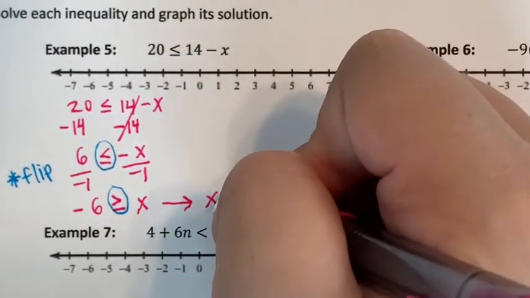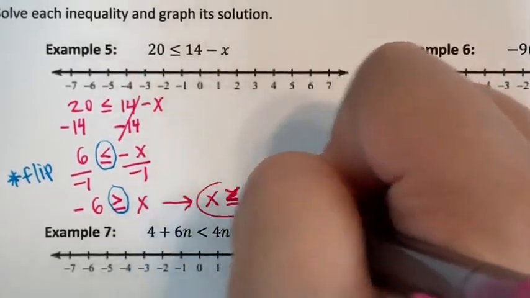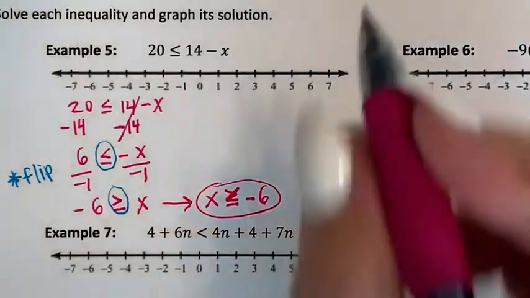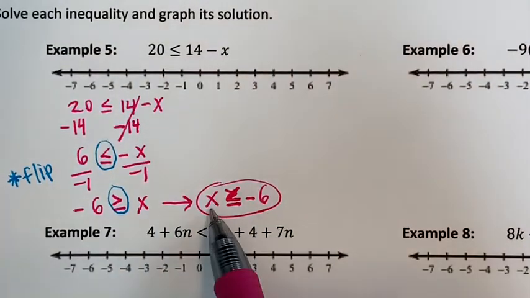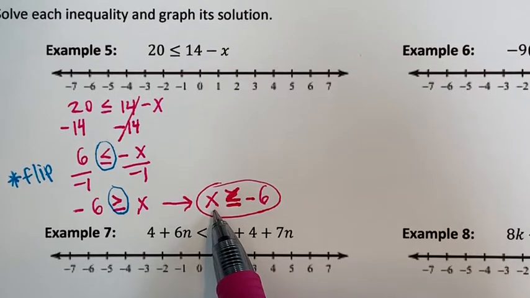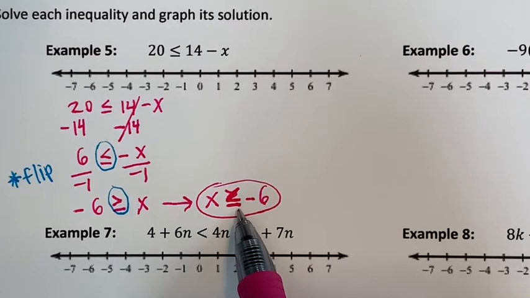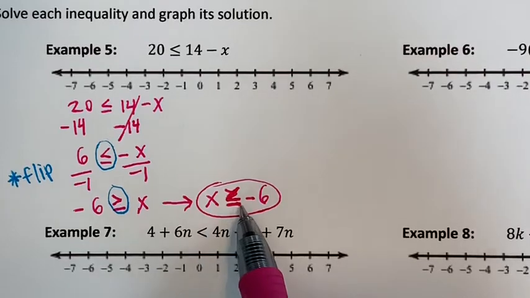X is less than or equal to negative 6. So this is a less than or equal to sign. I prefer to rewrite it so that when I look at my graph, this kind of looks like an arrow. As long as you have your inequality statement written with your variable on the left-hand side, then this looks like an arrow.